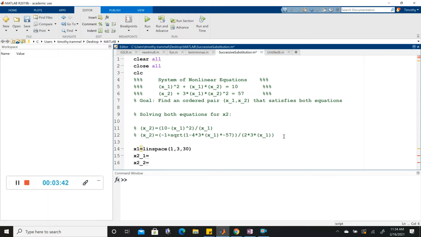So one of these is just this, so why don't we just copy and paste it. But if I want to keep using this notation here, I'll make that x1 like that. There we go. And then we'll take this one over here as well.